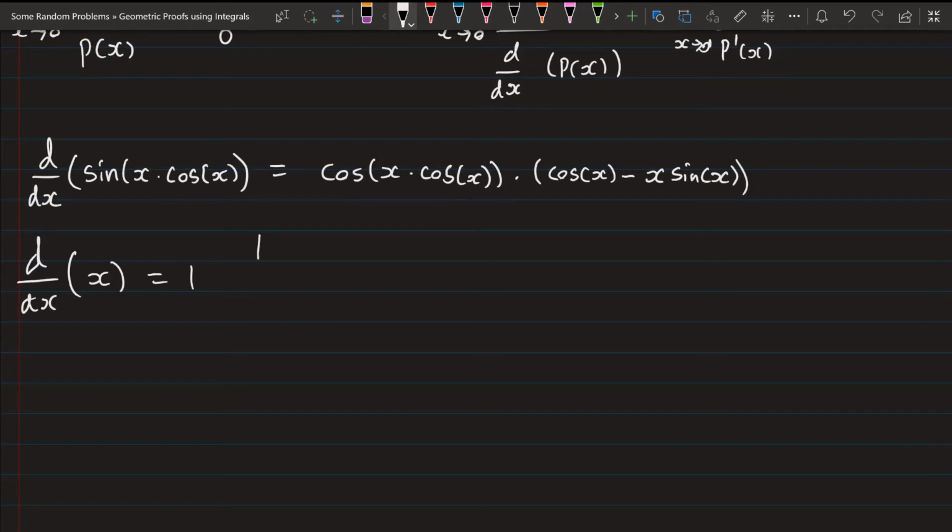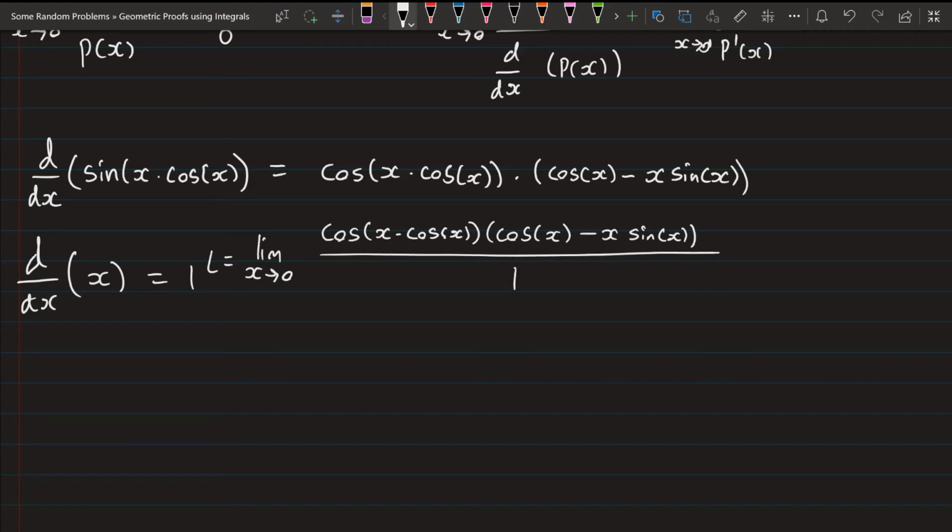So we get the limit, we get L is equal to the limit as x tends to 0 of this stuff, cosine x multiplied by cosine x multiplied by cosine x minus x sine x, all divided by 1.